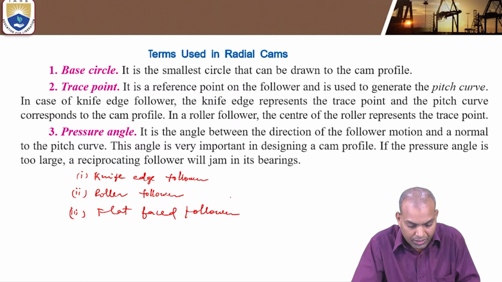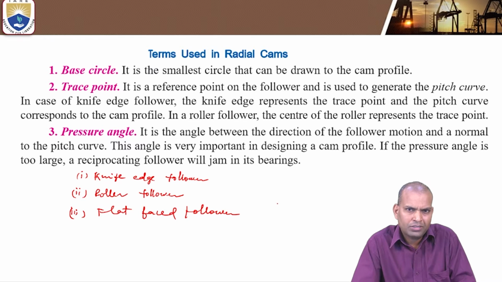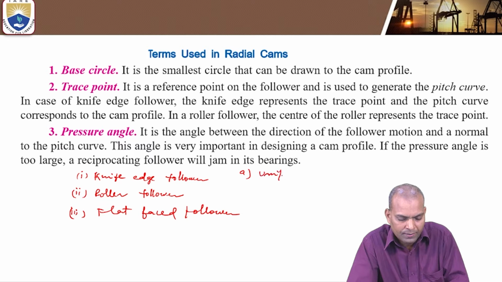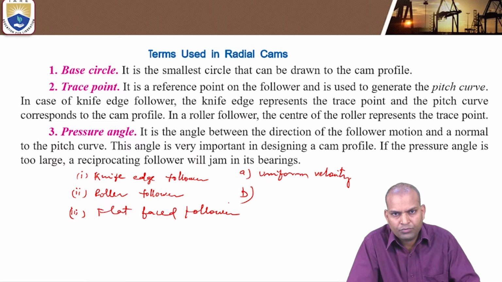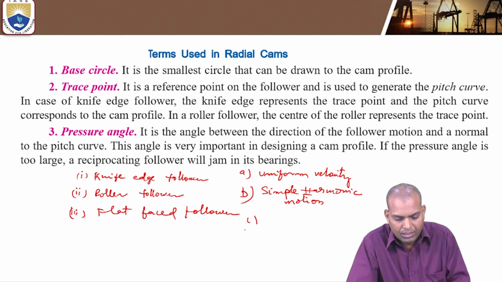Coming to the various types of motions a follower can have: one is uniform velocity, the second type is simple harmonic motion, and the third is uniform acceleration and retardation.